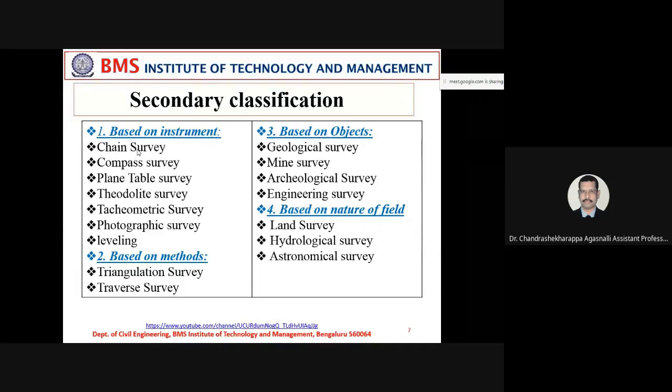For that same mine, they do another method called production survey, to check how much production. Maybe 10,000 or 20,000 tons of ore is extracted from this particular place.